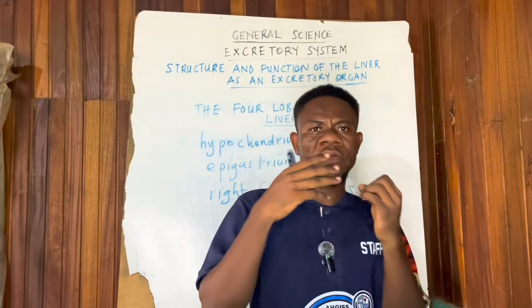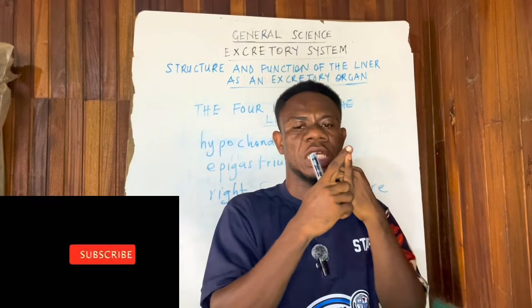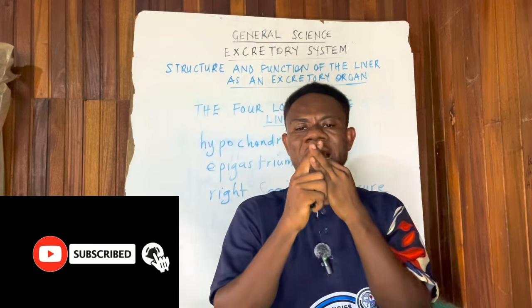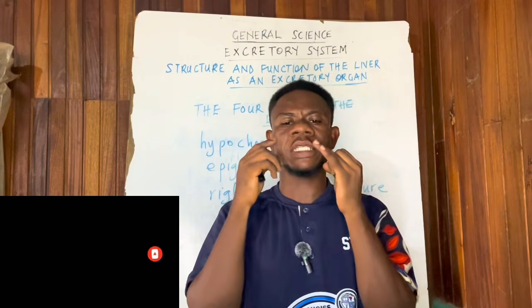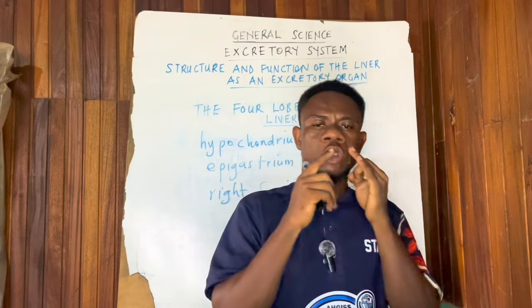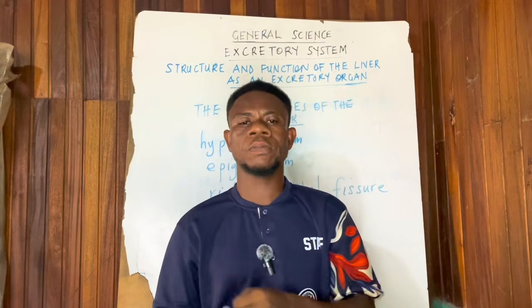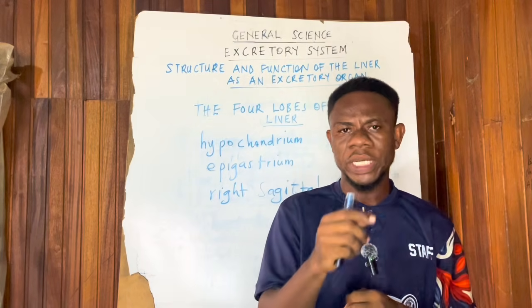Now the function of the left lobe is to assist with what? Metabolic functions. It also processes blood from the left side of the digestive system, and it contributes to bile production. Let's take the third lobe, which is the caudate lobe.